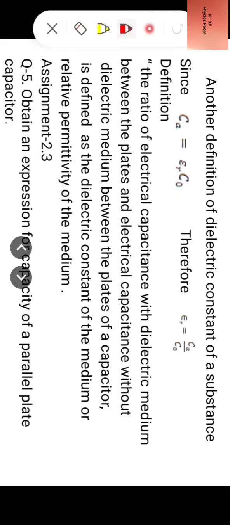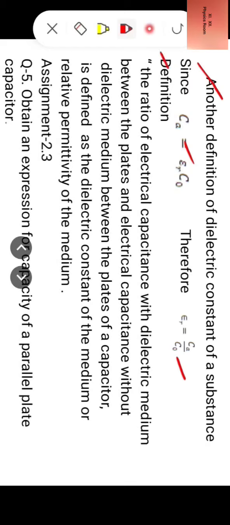Now we come across another definition of dielectric constant of a substance. Since Ca is equal to epsilon R into C naught, therefore epsilon R can be expressed as Ca by C naught. Let us define now.